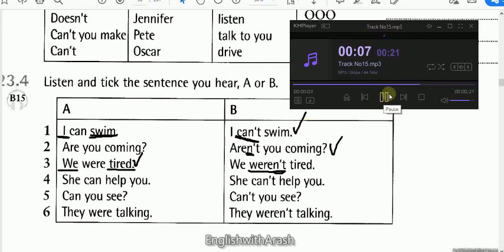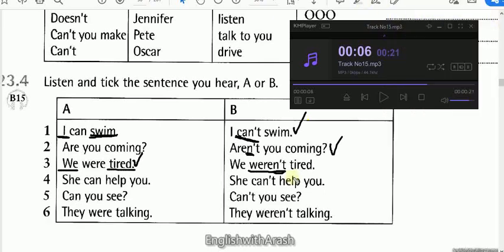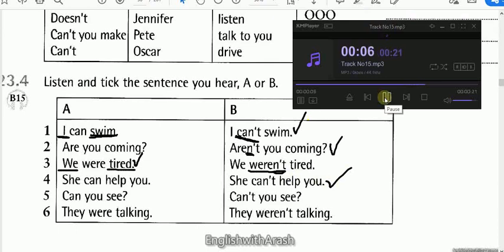She can't help you. Yeah, it's negative. You can hear the N also. She can't help you. Good, Parisa. Good, Karimi. Yeah, Ali, good. Heli, good. She can't help you.